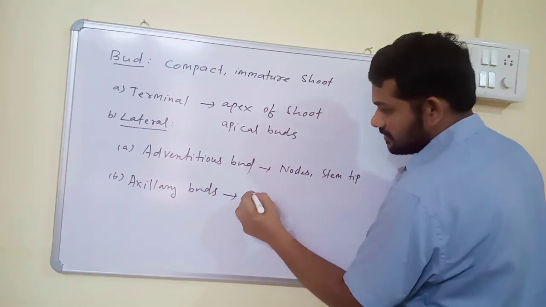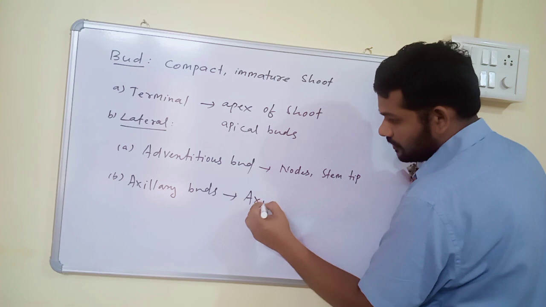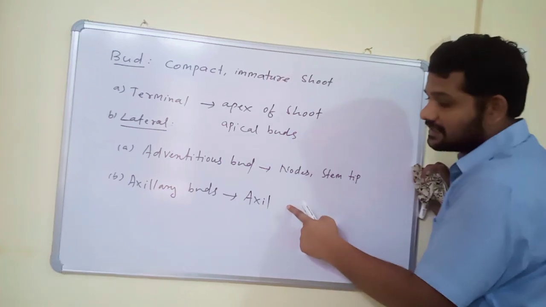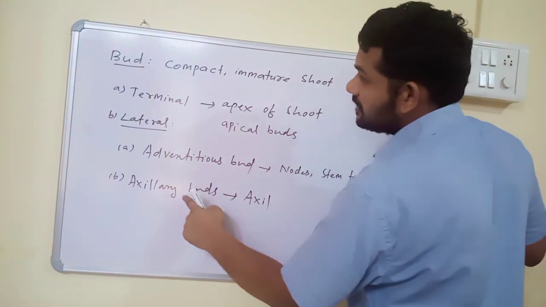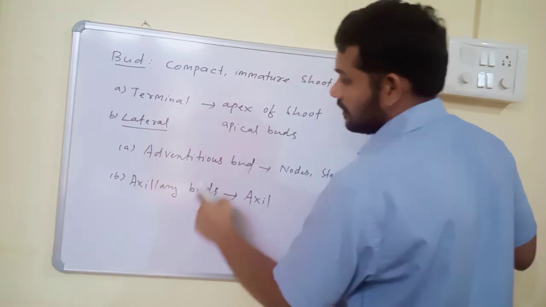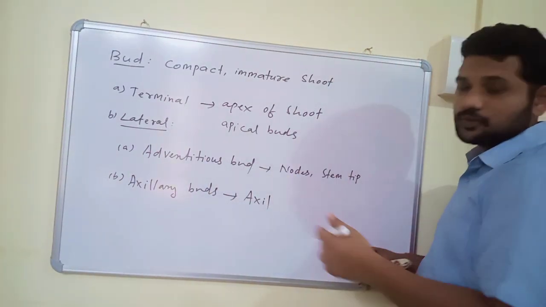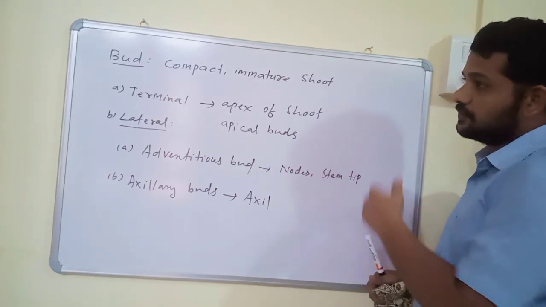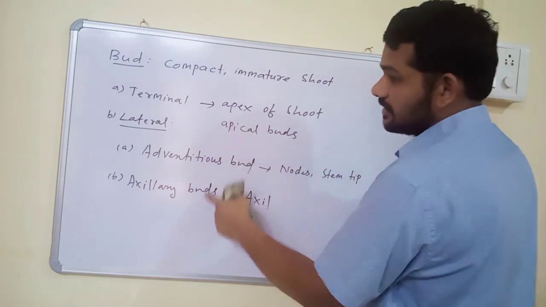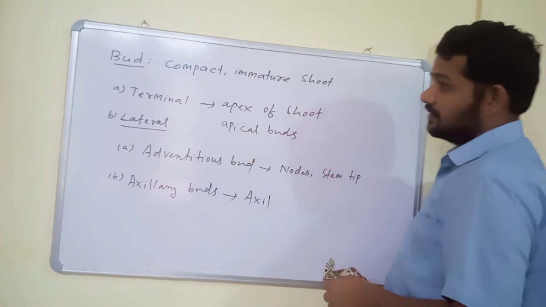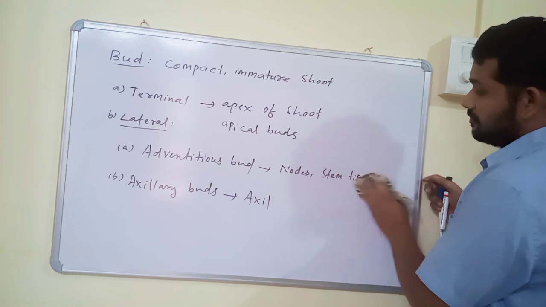Axillary buds, as I already told you, develop at the axil of the leaf. These axillary buds and terminal buds are also called floral buds because they later give rise to branches or flowers. So these are the various types of buds.